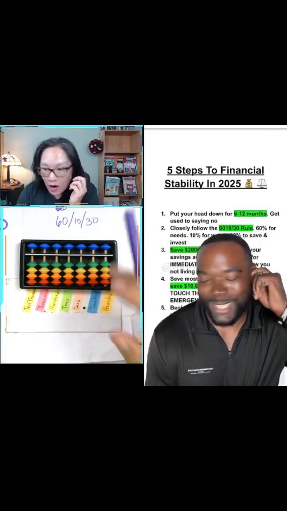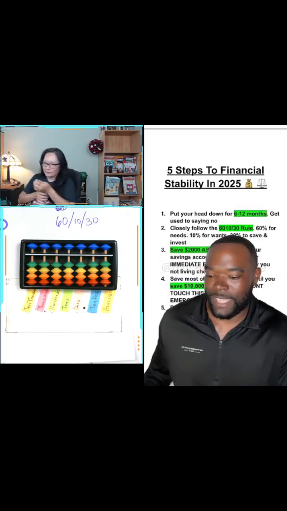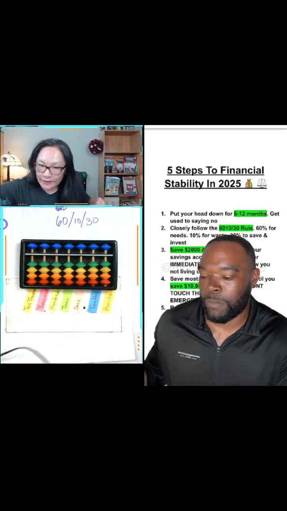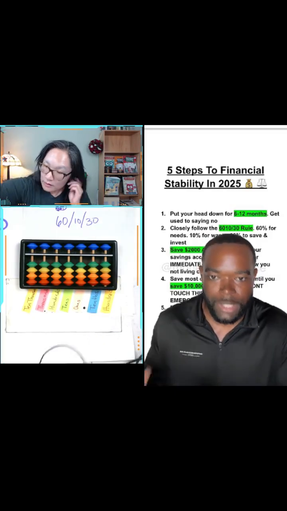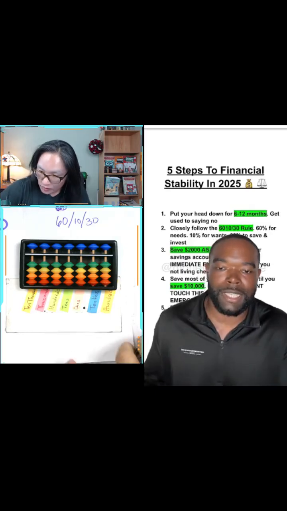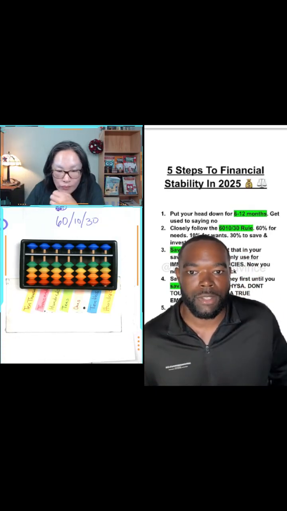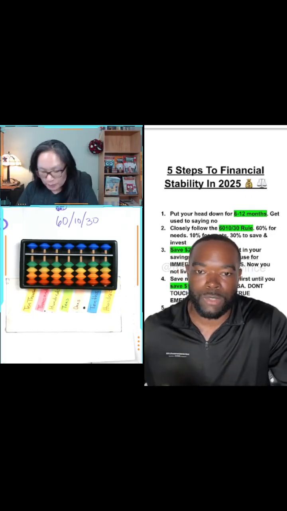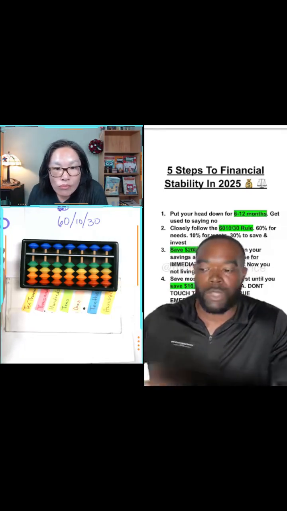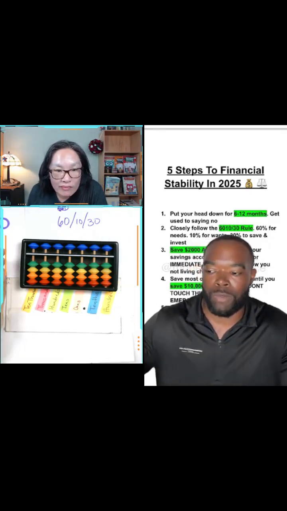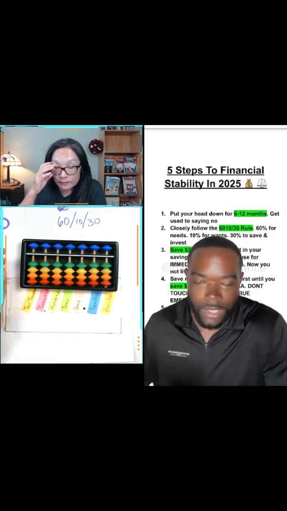That's better. Appreciate it. But with the abacus, what I teach people to do is, you need something physical and tangible that you can touch so that you can visualize it like in real life. It's the same thing with the abacus. It helps you visualize those numbers and see what they look like in a different form, rather than just looking at a spreadsheet or writing the numbers down.